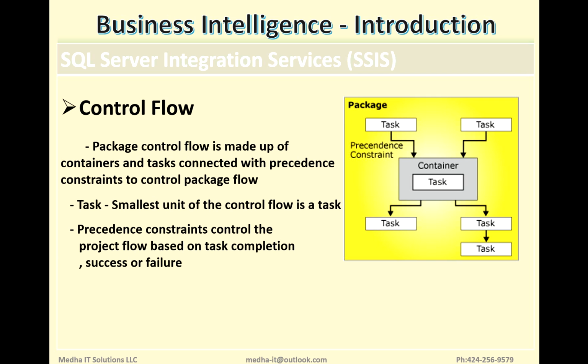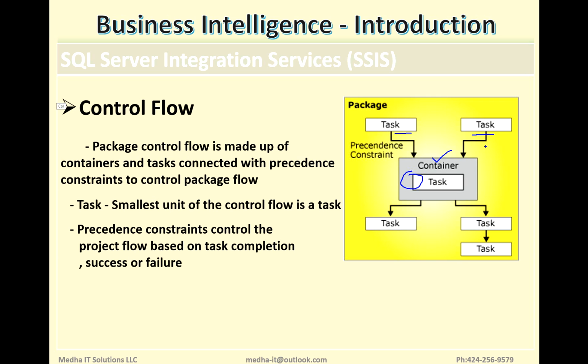So if you look at little detail in SSIS, SSIS consists of control flow and data flow. Control flow is basically made up of containers where you control the flow. Control the flow means, if you look at this example, we have multiple tasks here. There is one task here and the other task here. So after these two tasks are executed, we are executing the task that is in this container, right?